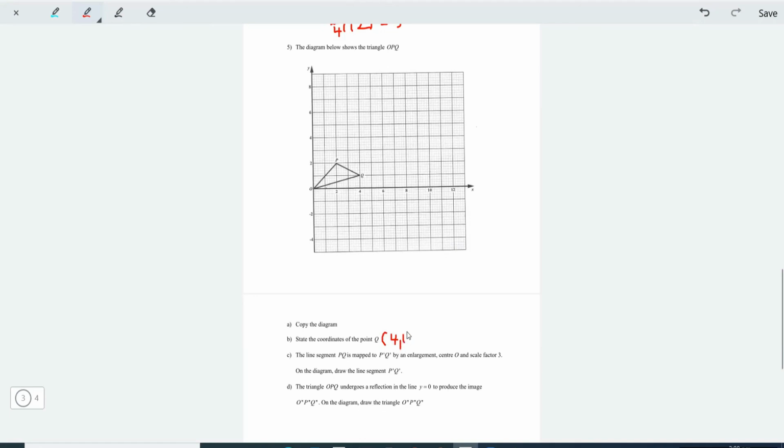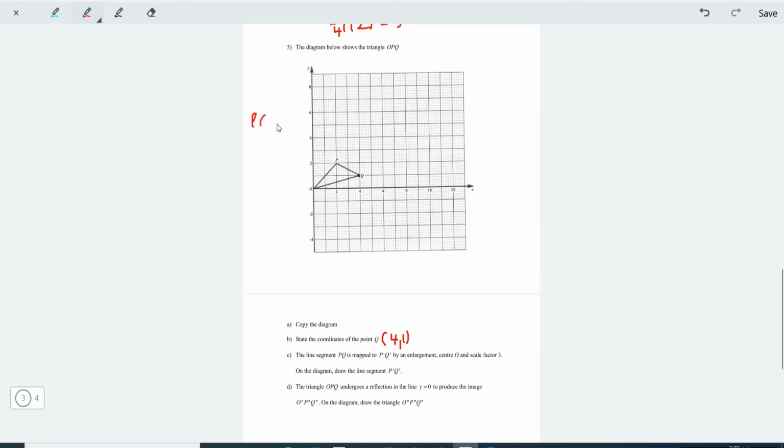It tells us that the line segment PQ is mapped to P prime Q prime by an enlargement center O with a scale factor 3. Draw the line segment P prime Q prime. As we did earlier, P is the point (2, 2).